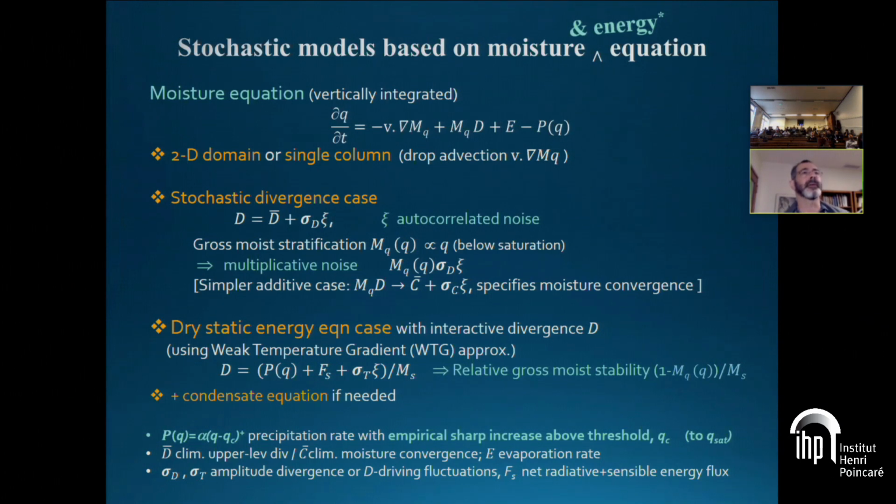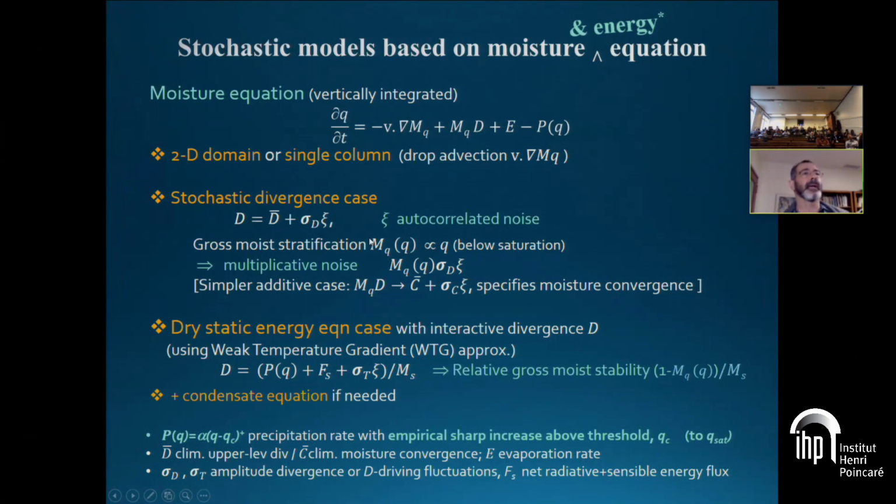Our Q is the column water vapor, and MQ is proportional to moisture, but it contains a factor that involves the vertical structure of the wind and the moisture relative to each other. If it was just a layer model, this would just be the moisture itself. You're evaporating and then you're precipitating, and the precipitation is a function of moisture that captures that empirical sharp increase. Here we're just using a ramp function in most cases that I'll show.